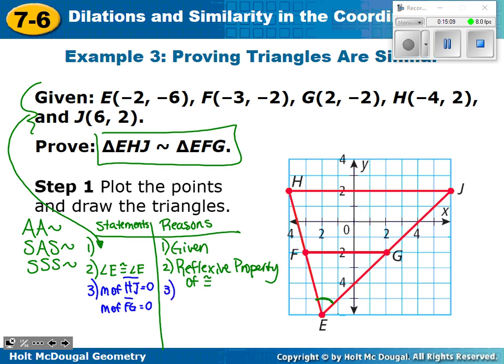Okay, how did we calculate that slope? What do you use to find slope? Okay, rise over run, which is the slope formula, right? So this would just be from the slope formula.